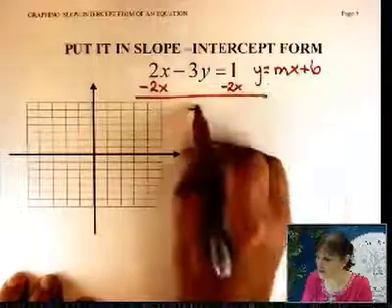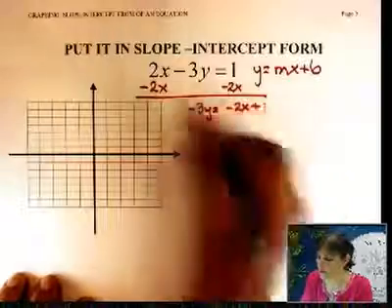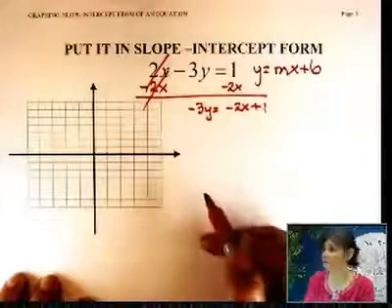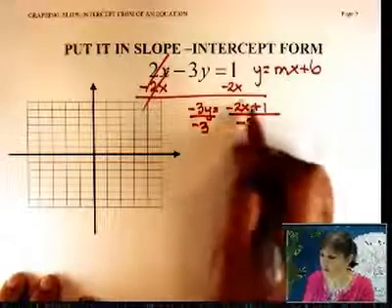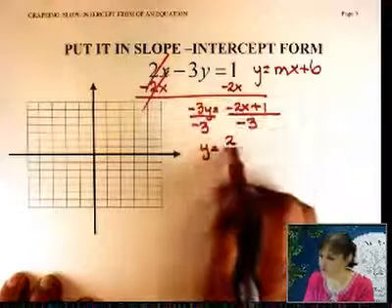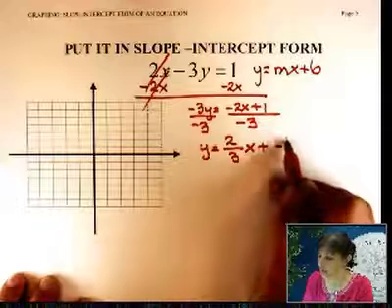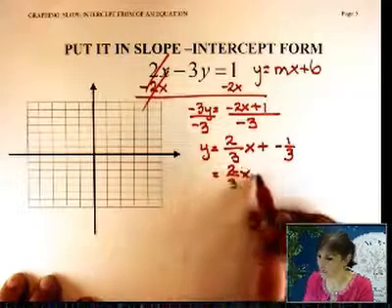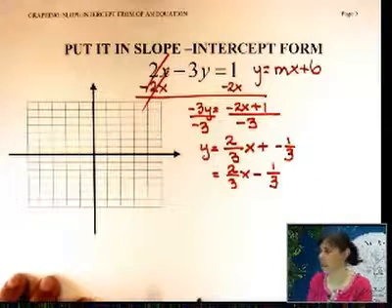That gives you negative 3y equals negative 2x plus 1. These two will go. Now, y is still not by itself. Divide everything by negative 3, and split these two. You're going to end up with negative 2 over negative 3, so that's 2/3, plus negative 1/3, which is the same as 2/3 minus 1/3. Remember, plus minus was negative.